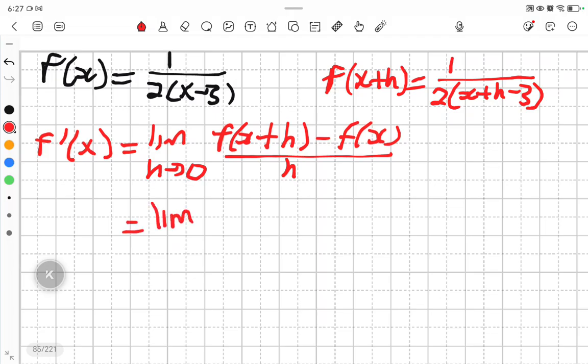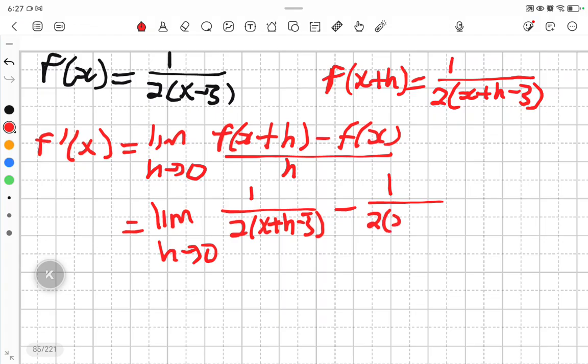We'll have the limit as h approaches 0 of 1 over 2x plus h minus 3, minus our f of x, which is 1 over 2x minus 3, all over h.